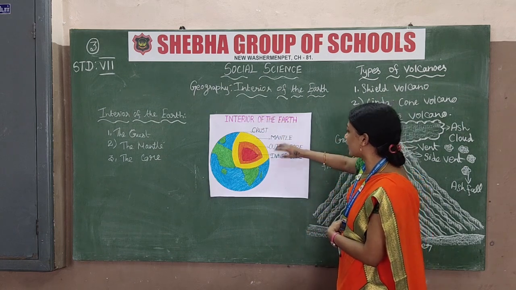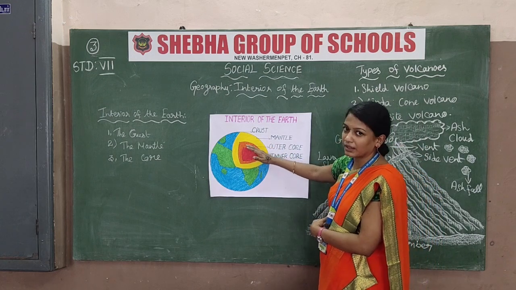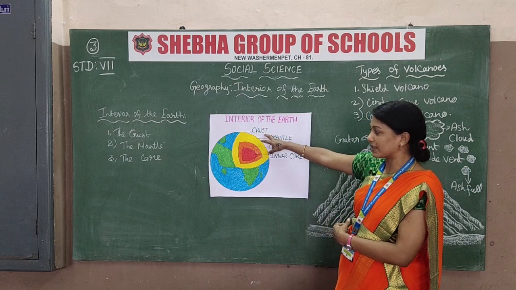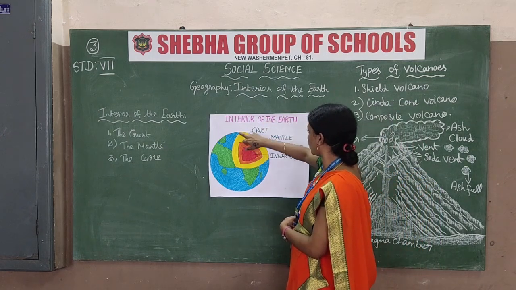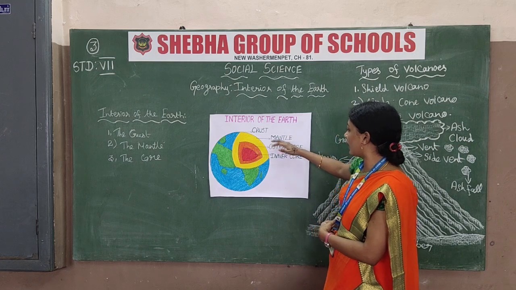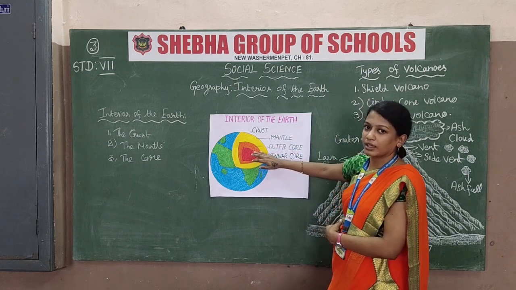And next is the outer core and the inner core. Inside the mantle there are the outer core and the inner core. Can you see this picture clearly? Outer part is called a crust, inside the crust is mantle, the next layer is the outer core, and inside that is called the inner core.